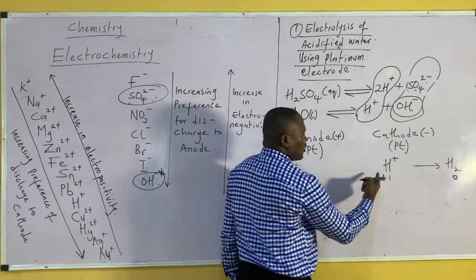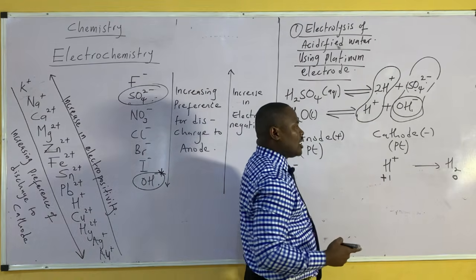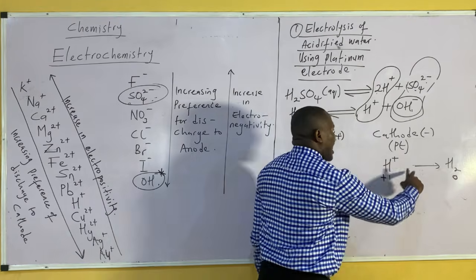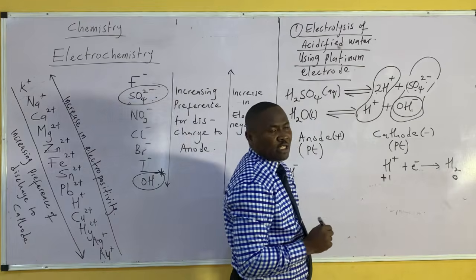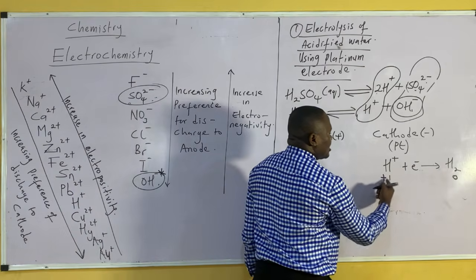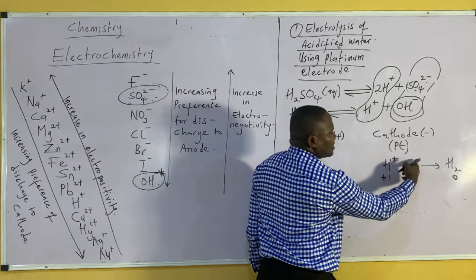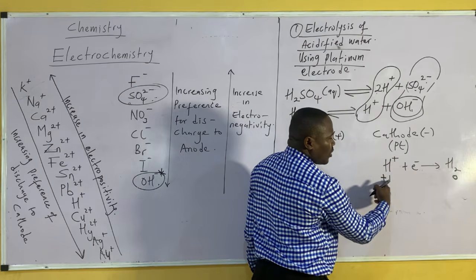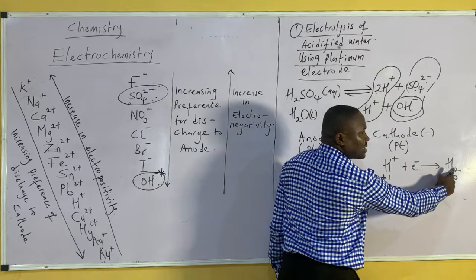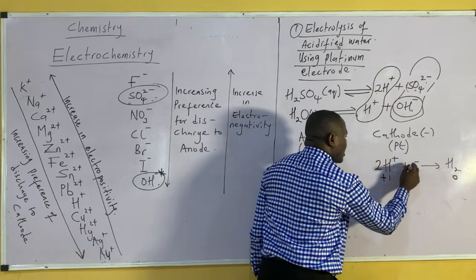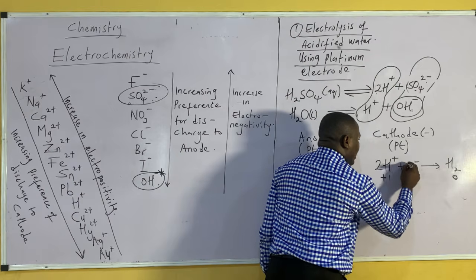So what do I do to balance up their charges? I will add e-. Adding e- now makes this 1 plus times minus is minus, so 1 minus 1 equals 0. But to balance it, because this side is now 2, I'll put my 2 here and I will also put my 2 here.